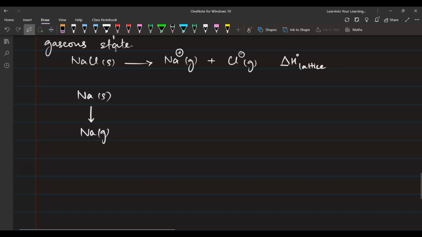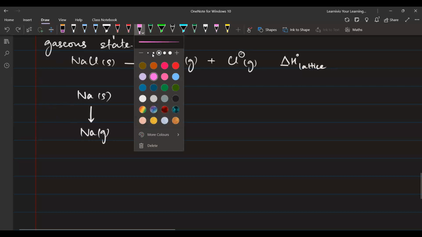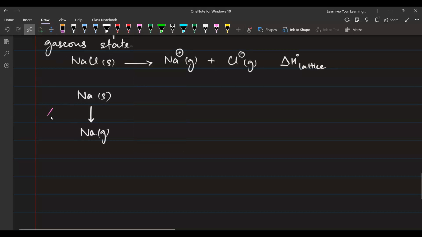Let me write this in different colors. Delta H sublimation. Now we need Na positive, so we can remove one electron from the gaseous atom of sodium, and this is the ionization enthalpy that we have learned.